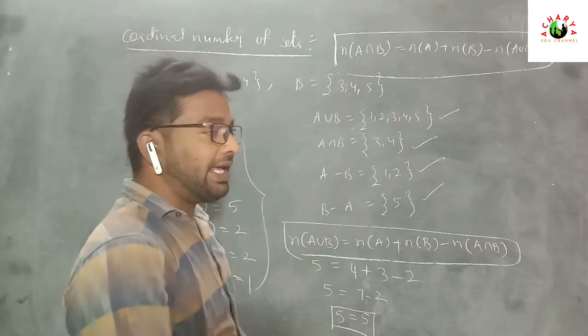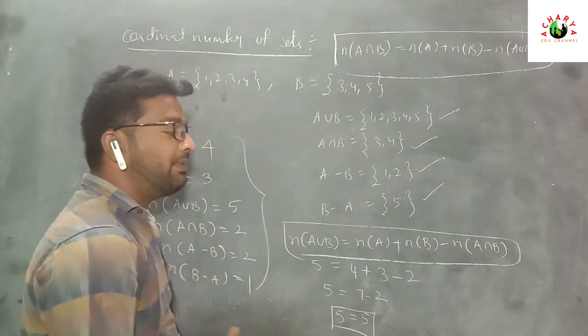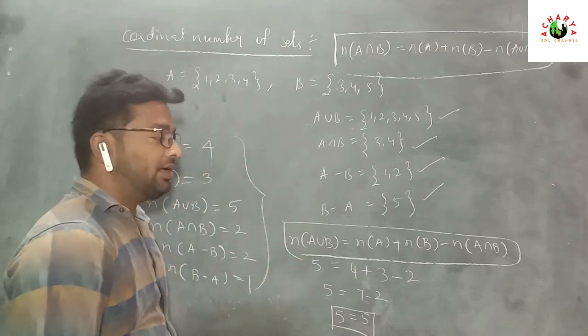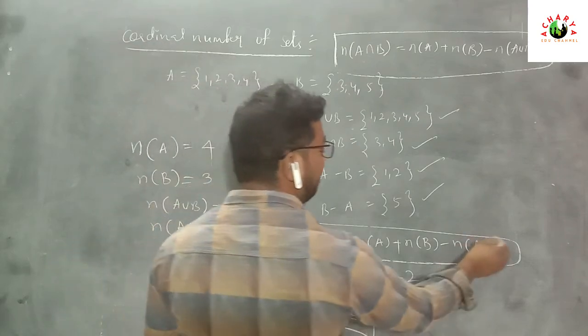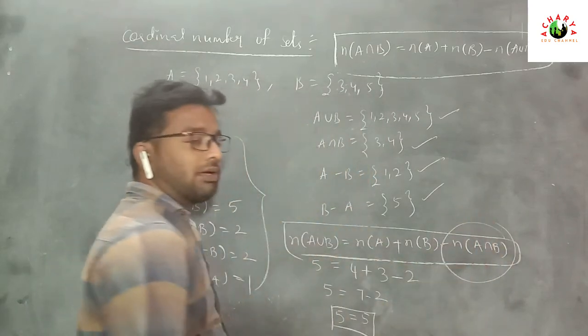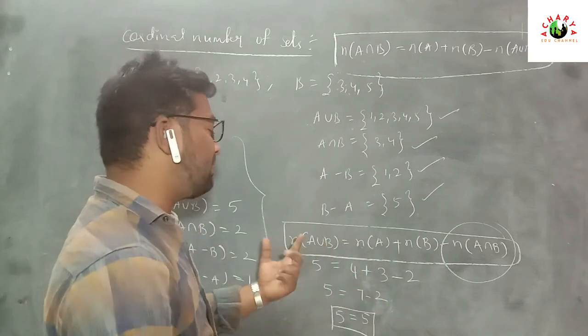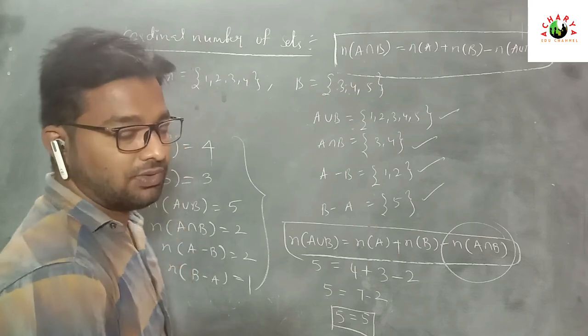For example, A and B are disjoint sets. What is n of A union B? For disjoint sets there is no intersection part, so we have to eliminate this part. Only for disjoint sets, n of A union B is equal to n of A plus n of B. Why?